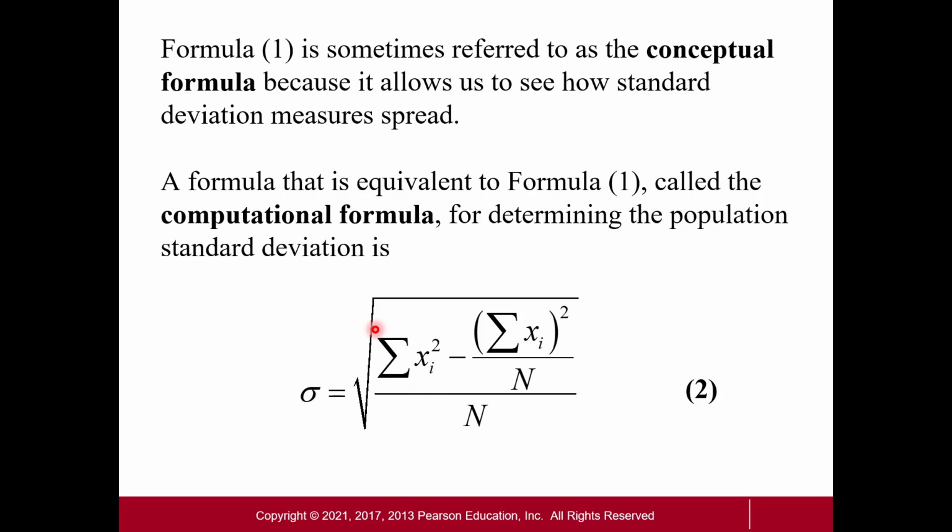In this one, you're taking the summation of the squares of each of the data points, so you square them first, then take the sum. Over here, you add up all your data points, then square that answer. That number gets divided by n. You subtract those two values, then divide the whole thing by n, and make sure you take the square root.